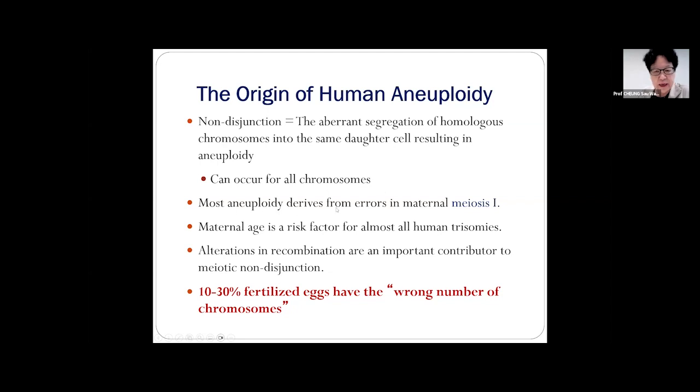Most aneuploidy derives from errors in meiosis 1. Maternal age is a risk factor for almost all human chromosome trisomies. Alterations in recombination are an important contributor to meiotic non-disjunction. About 10 to 30% of fertilized eggs have the wrong number of chromosomes.